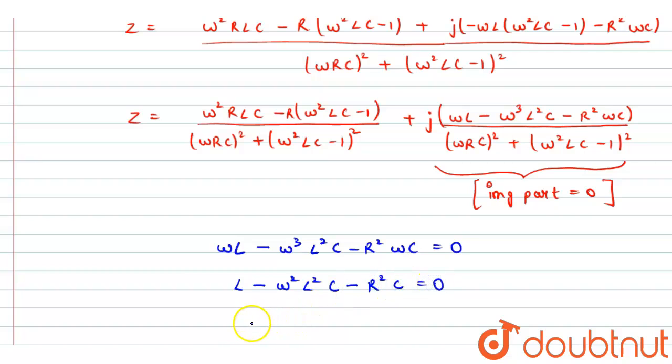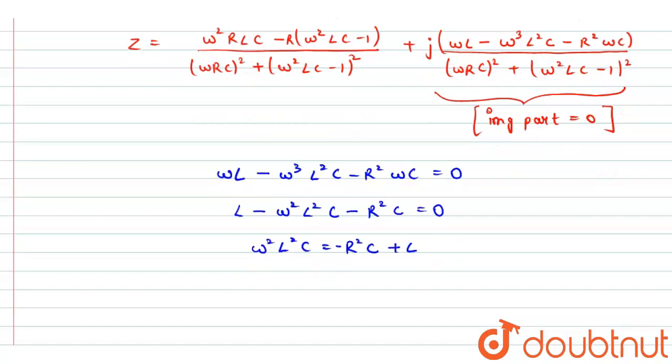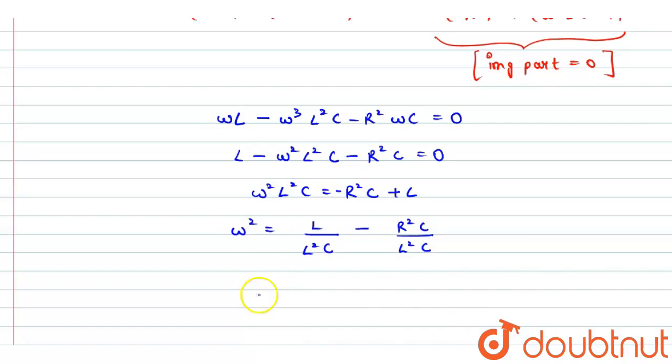So here I can write omega square L square C will be equal to minus R square C plus L. So we will get omega square equal to L divided by L square C minus R square C divided by L square C. Here this L will cancel out and this C will cancel out.